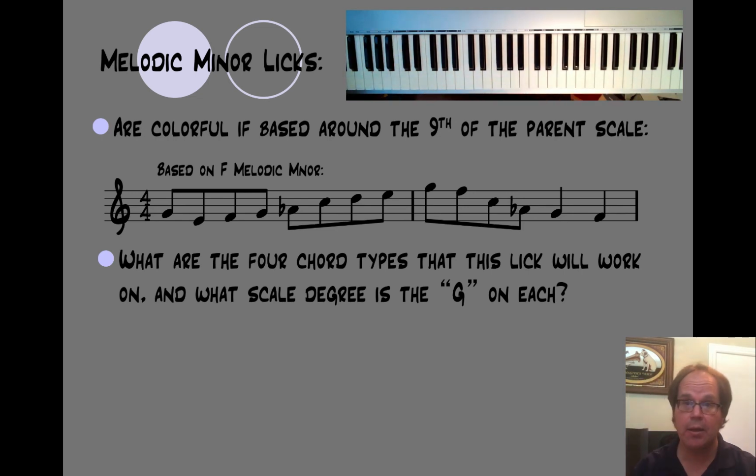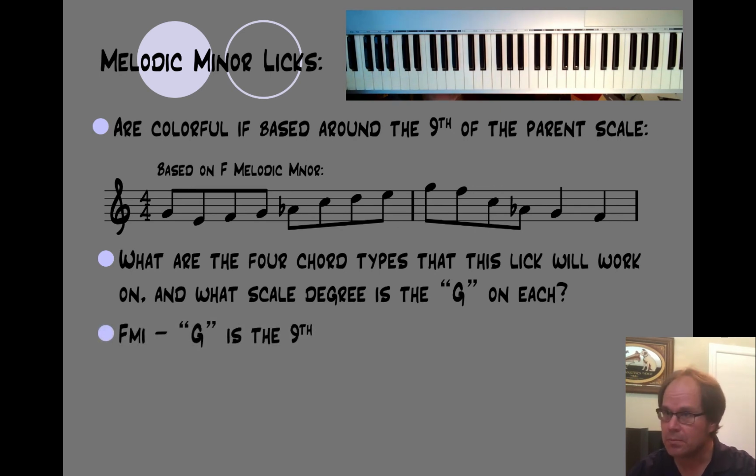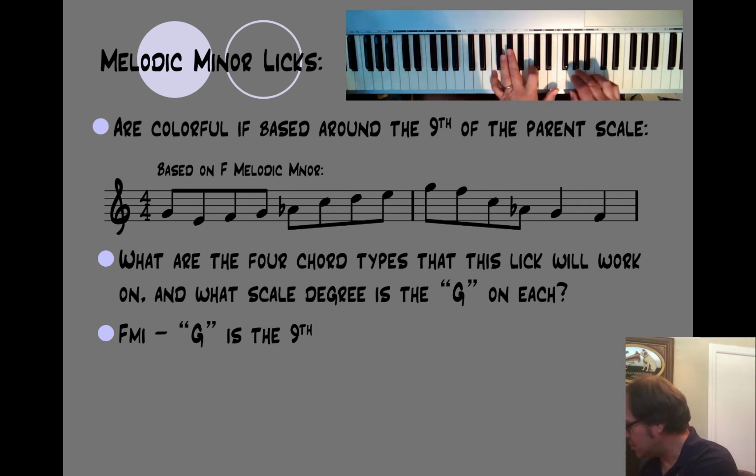So notice that lick works on all of those different chord types, right? It's going to be up to you. Are you going to think about the parent melodic minor scale, or are you going to think about the actual scale of the moment? By the way, I asked here, what scale degree is the G on each? On F minor, the G is the 9th.